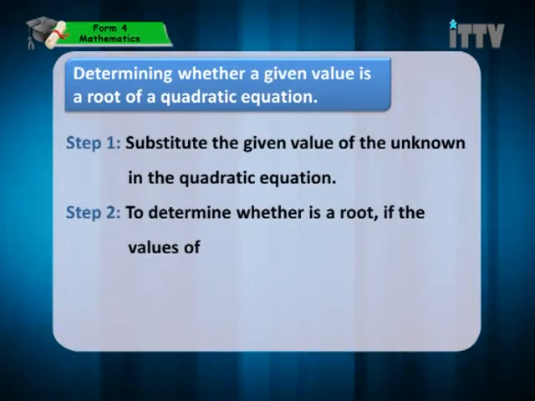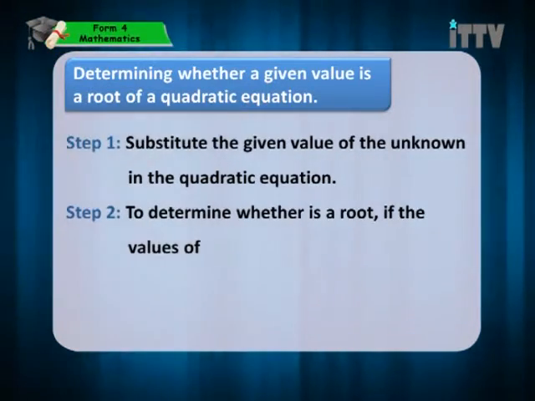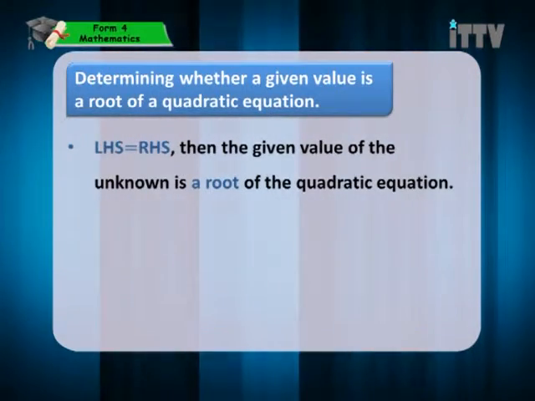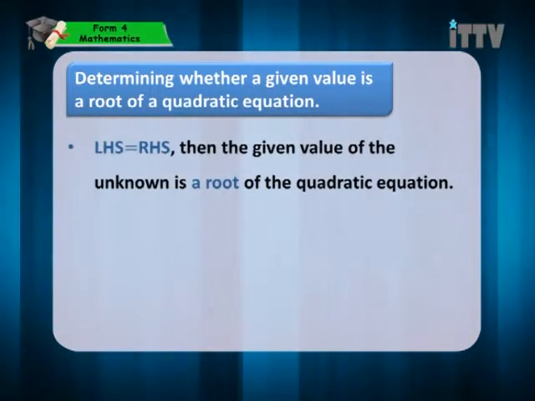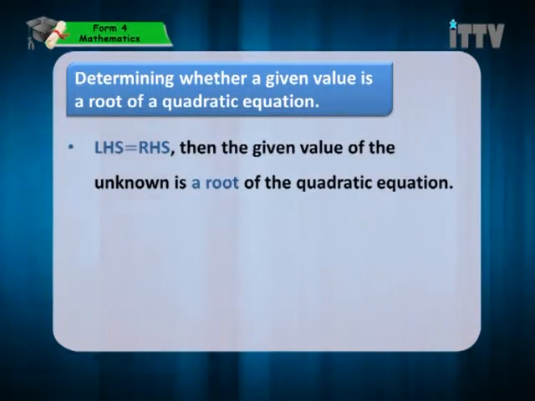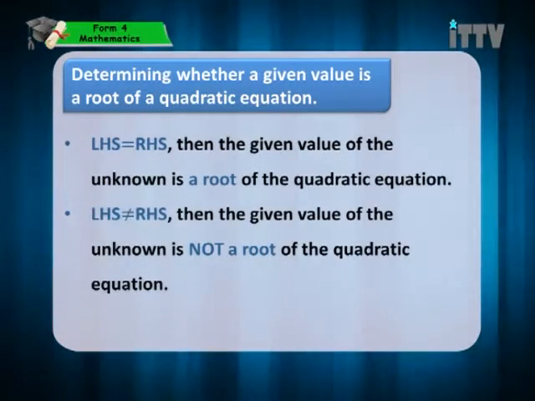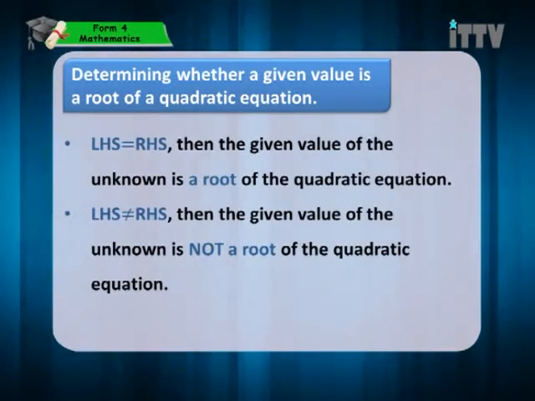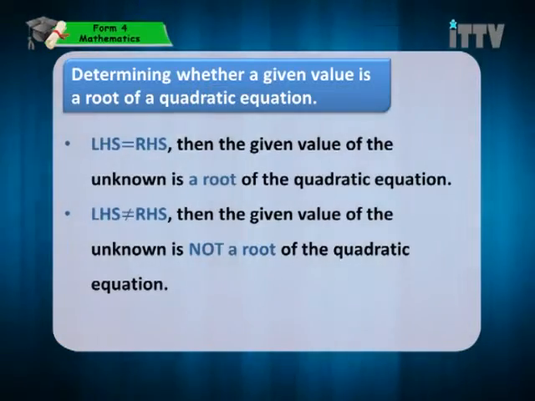In step 2, to determine whether it is a root, if the value of the left-hand side, or LHS, equals the right-hand side, or RHS, then the given value of the unknown is a root of the quadratic equation. If the left-hand side is not equal to the right-hand side, then the given value of the unknown is not a root of the quadratic equation.